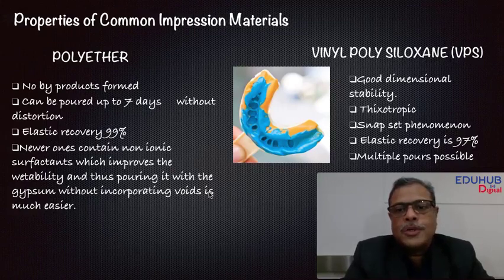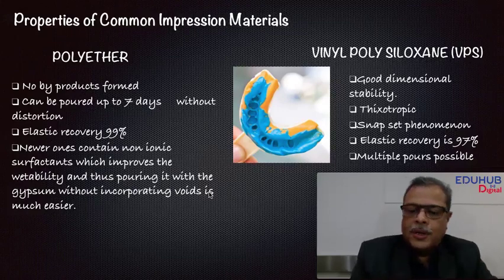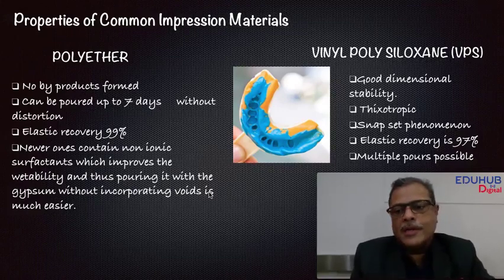The polyether is preferred for making impressions for implant situations and implant and teeth situations. VPS can also be used. It all depends upon what is available, what is convenient to you, and what dispensing mode is available in your practice. So you could use either of them, but you need to know the pluses and minuses of both.